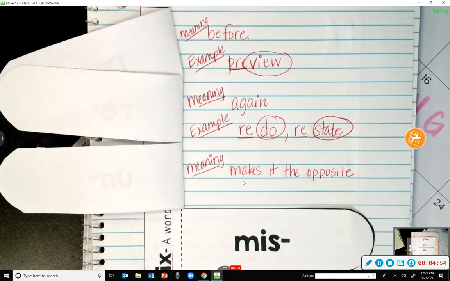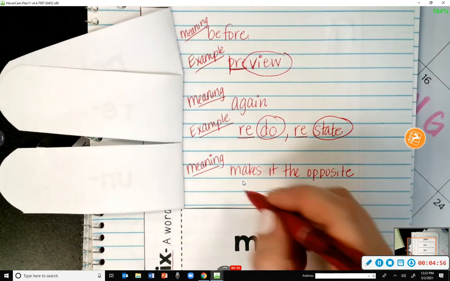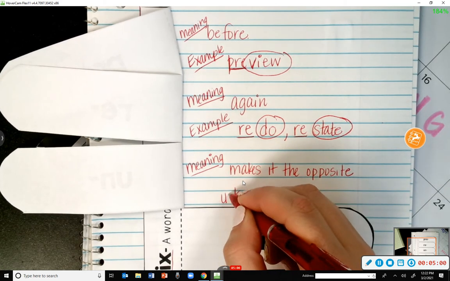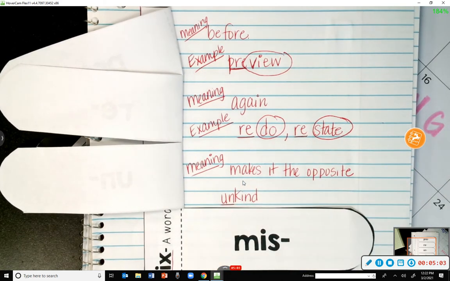So if my word was kind, the root word is kind. If I put unkind, what does that mean? You're not kind. So it turned that word into the opposite.